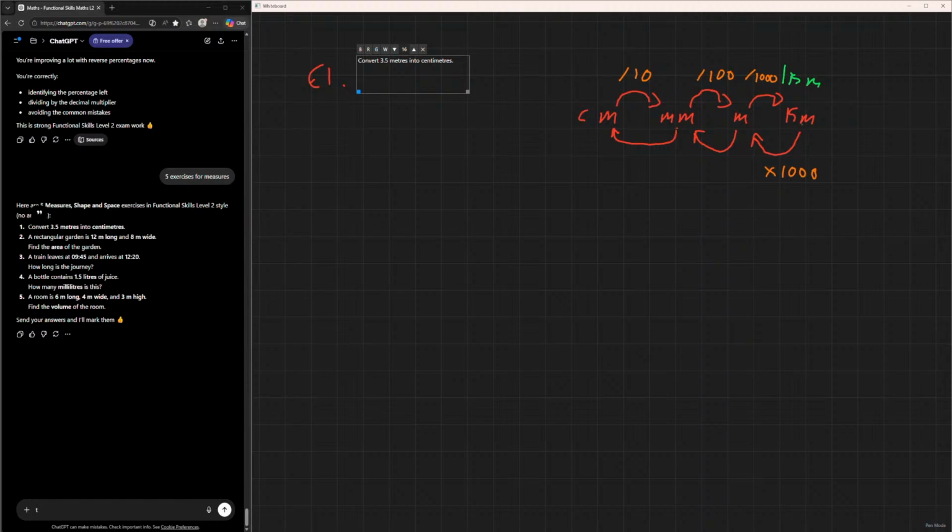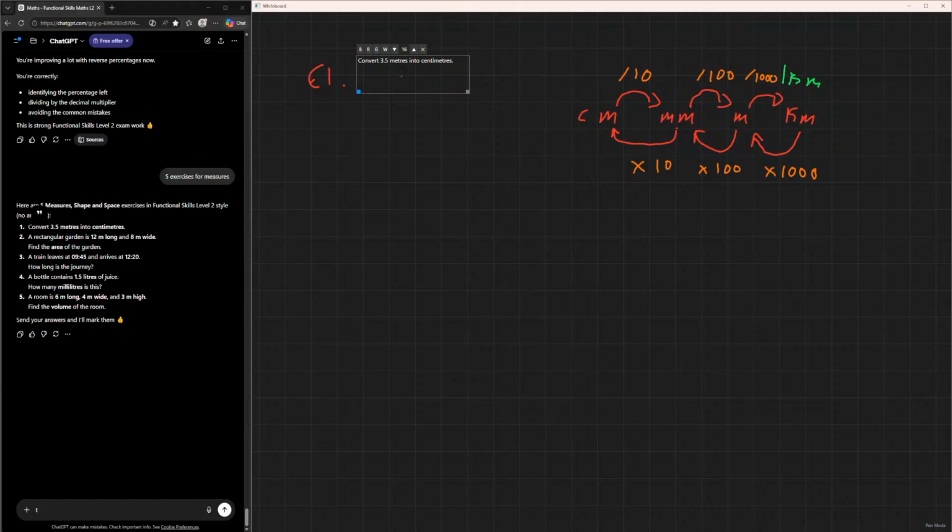If we want to go from kilometers to meters, we multiply by 1,000. But if you remember that 1,000 meters is 1 kilometer, it's very easy to remember. It's also very easy to make a mistake, so you need to be mindful.